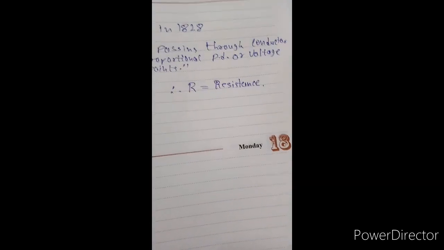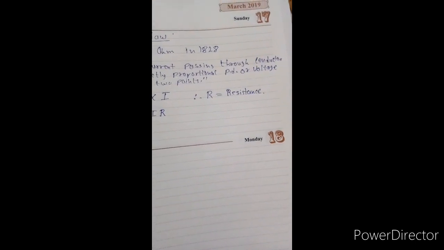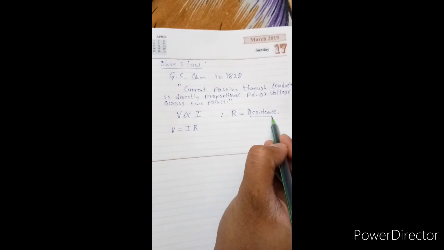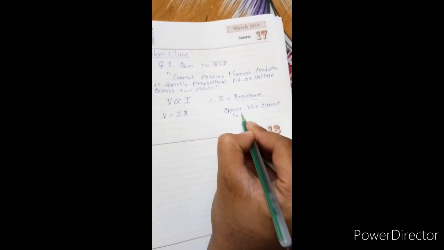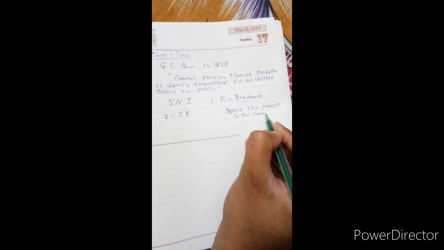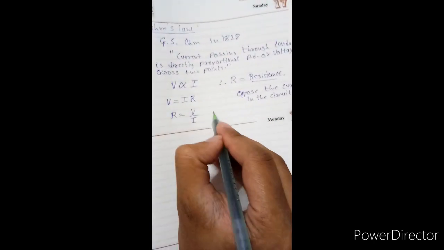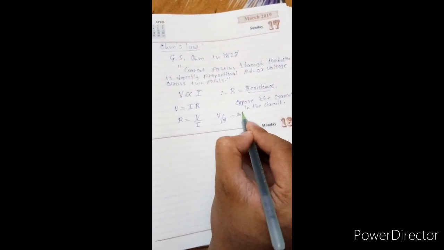So now, what is resistance? Resistance is the thing which can oppose something. Here resistance will oppose the current in the circuit. From this formula you can derive unit of R, which is voltage per ampere or volt per ampere.